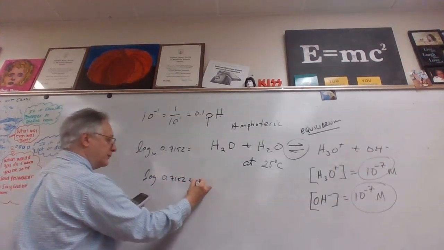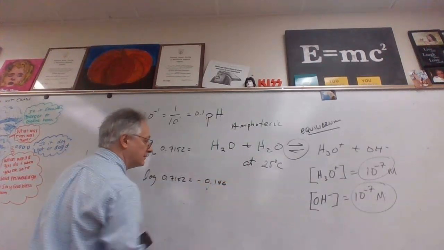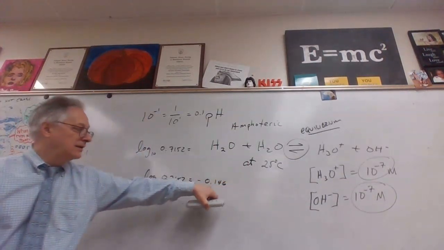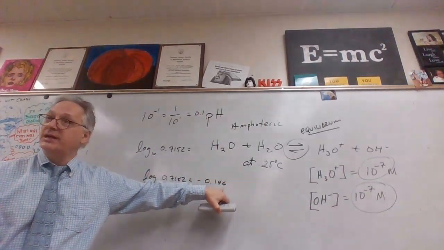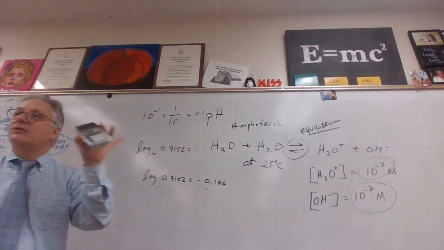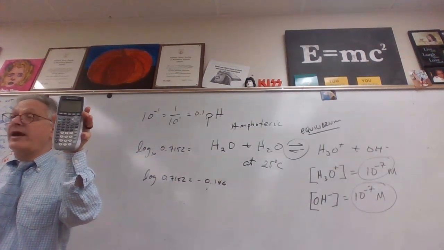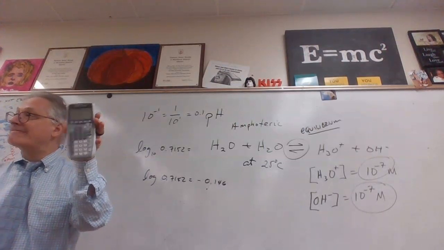And the value is -0.146. So if I raise 10 to the -0.146, I get that number. So for our purposes, the log button on our calculator is going to do it all for us.